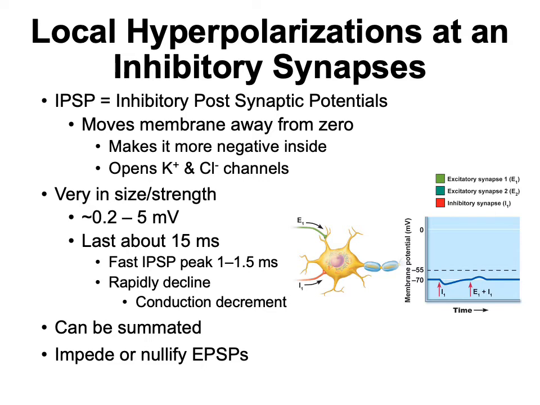Their strength varies from 0.2 to 5 millivolts. They last about 15 milliseconds. The fast IPSPs peak around 1 to 1.5 milliseconds, and they rapidly decline as well. They can be summated too. So an inhibitory signal, if it's strong enough, can nullify an excitatory signal.